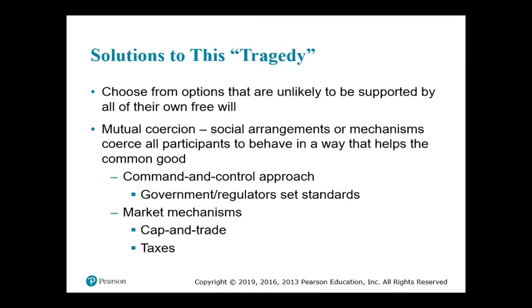If you emit under this allowance, you can sell the leftover allowance on the market. If you emit over this allowance, then you will have to buy from the market. Right? So under cap and trade, you create a limited number of emission allowances, so the total emission is capped at a certain level.